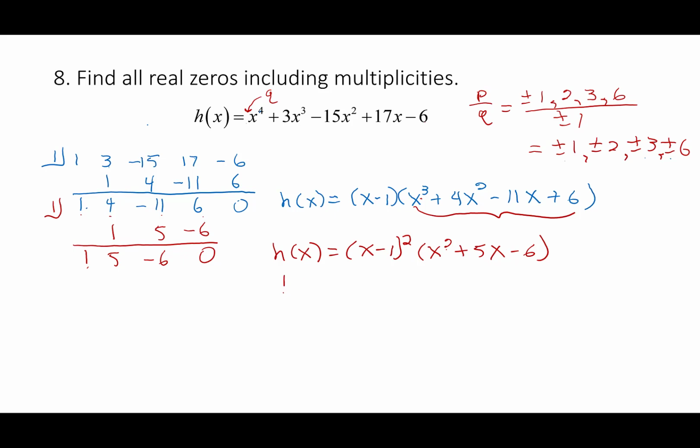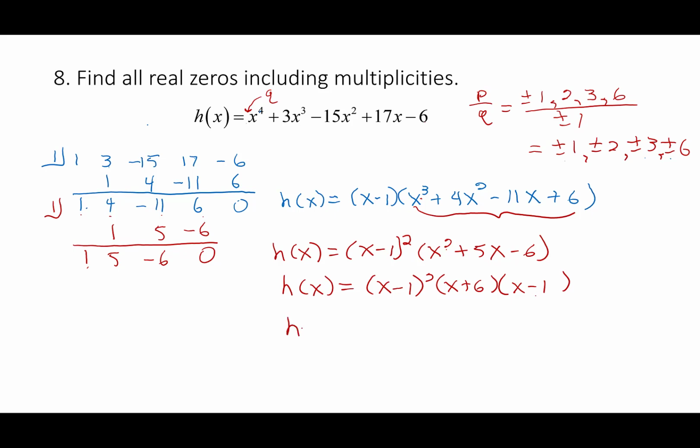I'll just go ahead and factor this using what I know about factoring quadratic functions. And so we have x minus 1 squared, and this x squared plus 5x minus 6 factors into x plus 6 times x minus 1. All right, so look, we got another factor of x minus 1.